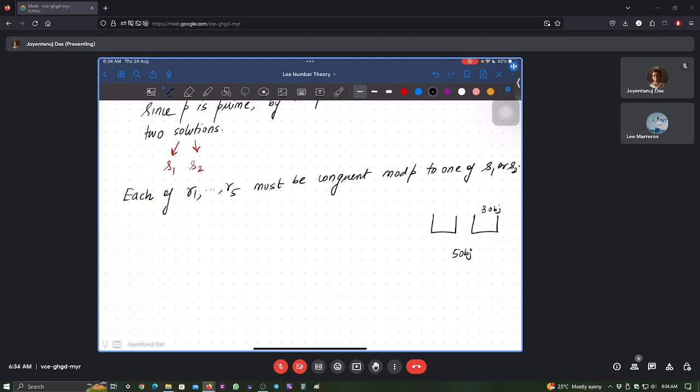So hence, at least three of the Ris are the same in modulo p, right?